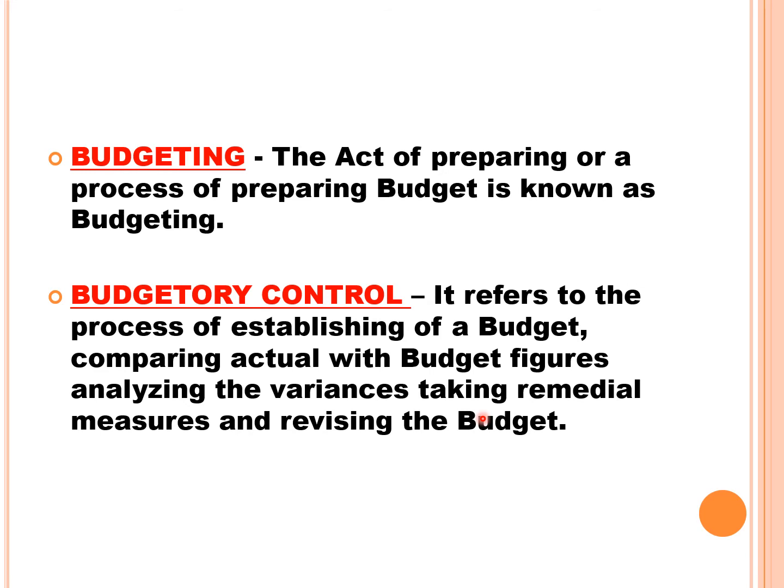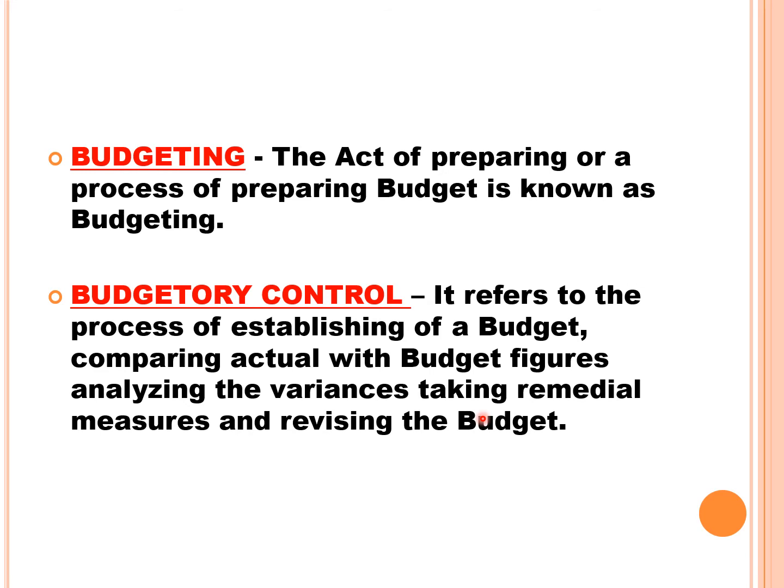Third, find any difference, the variance. Fourth, find out the reasons for the variance and take corrective measures. Based on this experience, you can revise the budget for another future period of time.